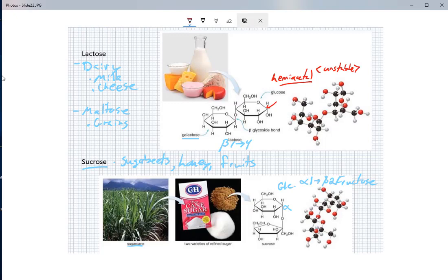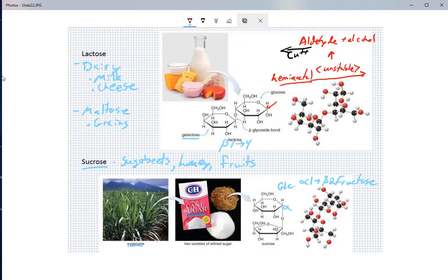So it can open up to give the aldehyde and alcohol back, and because it has this aldehyde, it will reduce the copper 2 in the Fehling's solution.